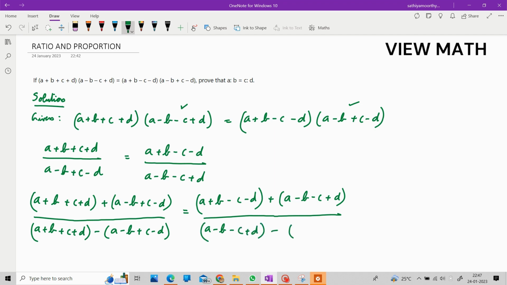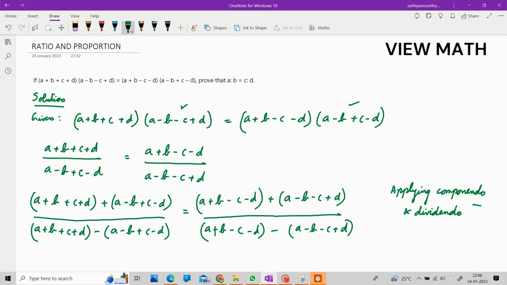(a + b − c − d) minus (a − b − c + d). Numerator first I have to write a + b − c − d, minus denominator a − b − c + d, applying componendo and dividendo property.